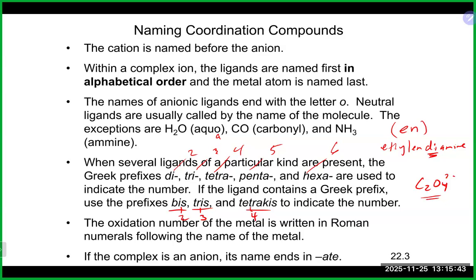The oxidation number is actually written with a Roman numeral, followed by the metal. Now, the Roman numeral is used when we name these type of compounds always.